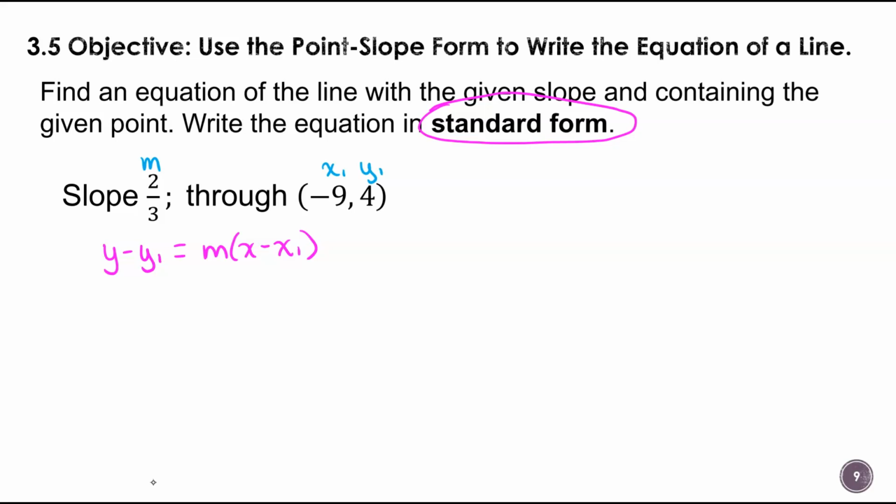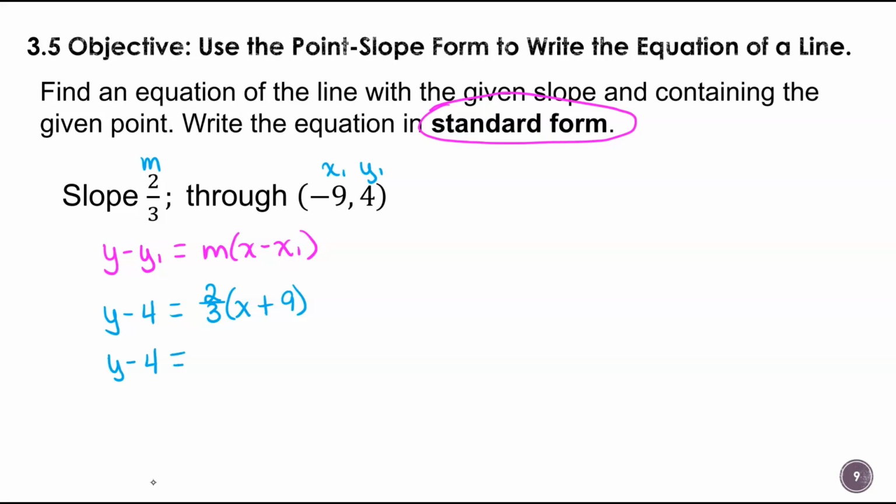So if I take y and subtract 4, y minus 4 equals 2/3 times x. Now this is minus negative 9, and it's really messy if you put a double negative when you're writing an equation. Oftentimes students get messed up when they do that. So let's just go ahead and make that a plus.